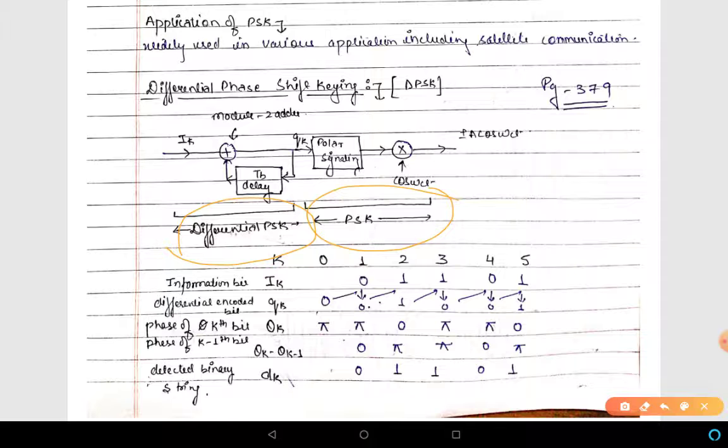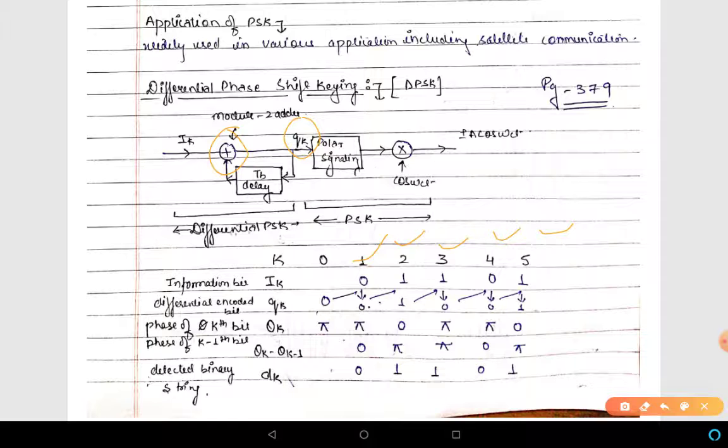Now let us consider this information bit, which is I k, which is 0, 1, 1, 0 and 1, and the differential bits Q k are obtained by XORing the output of the delay element and I k, that is in this modulo 2 adder.